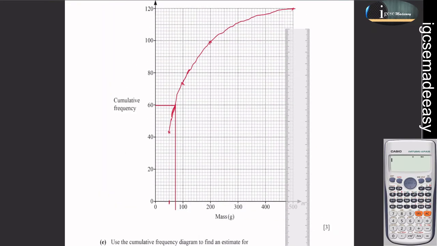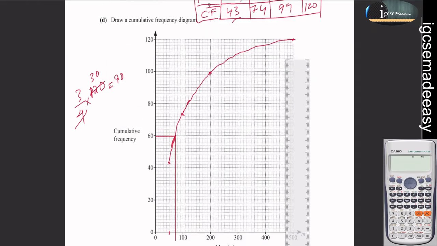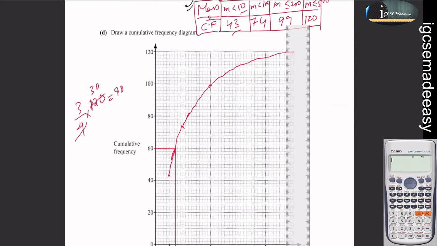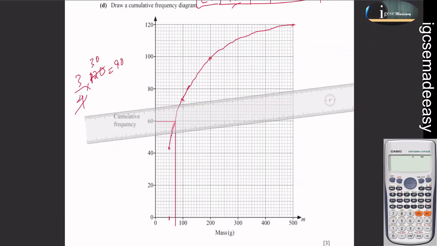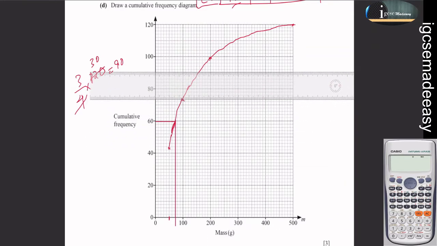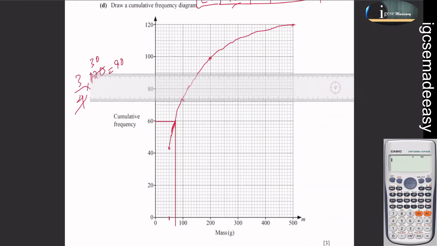Now we have to calculate the upper quartile. Upper quartile is 3 by 4th of the total value, that is 120. So we get 30 here, 90. So what will be the value for 90? Let's check for that also. We're finding the upper quartile. 90 is here. This is the 90 value.